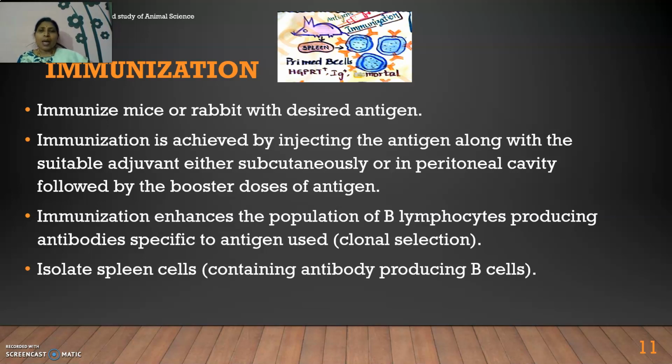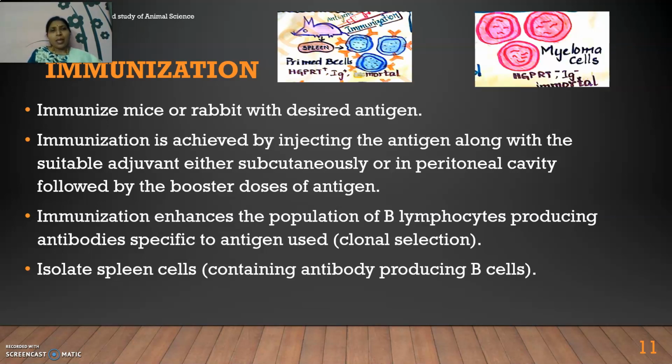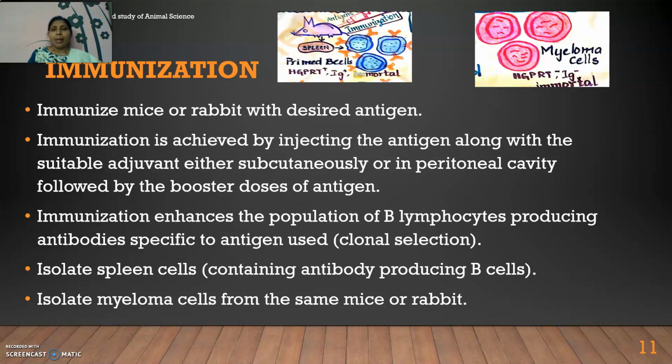So now we have to isolate such spleen cells which contain the B cells which can produce the antibodies. Now from the same animal you have to isolate the myeloma cells. So myeloma cells are the tumor cells which have the capacity to divide and differentiate continuously, and these myeloma cells are obtained from the same immunological origin, means from the spleen itself the tumor cells are taken out.